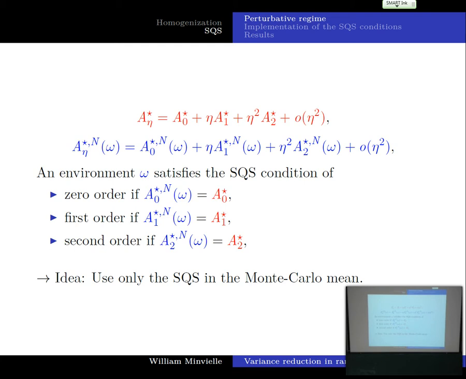Okay, so the basics of the algorithm is the following. I will do a Monte Carlo mean, as I told you before, but only on configurations omega that satisfy those conditions. I will explain to you how I am able to evaluate those conditions in an efficient manner, because if I'm not able to evaluate them in the first place, it's game over.